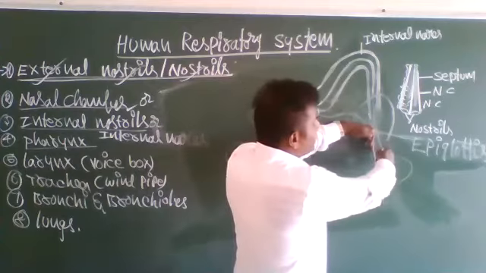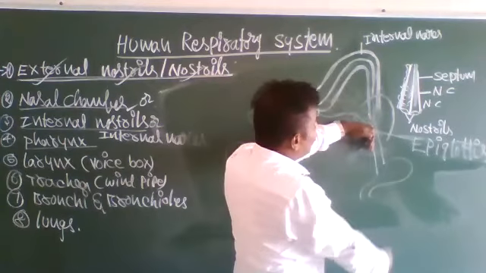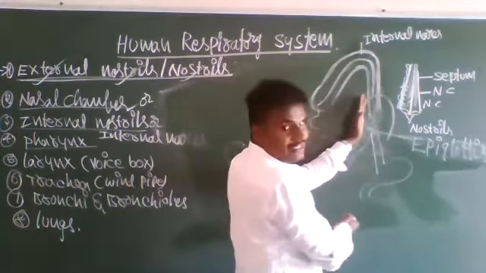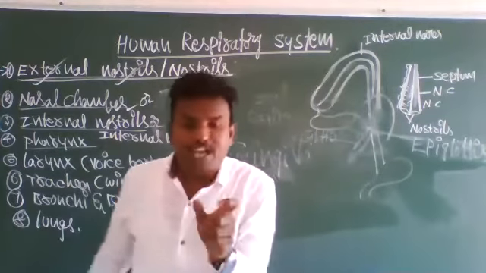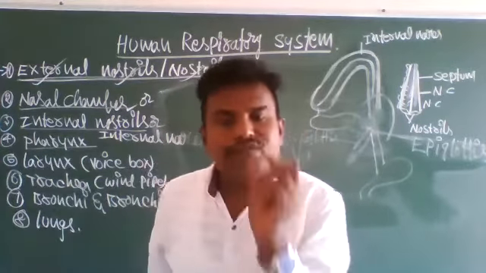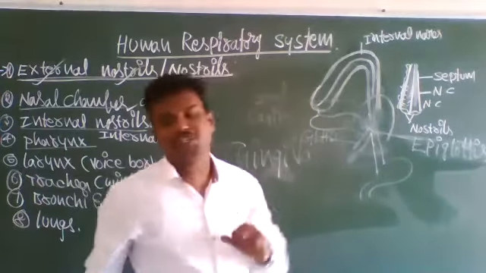When food has passed the epiglottis, oxygen enters the trachea. When food comes again, the epiglottis acts as a lid. It is a continuous process. That's why the pharynx is a muscular chamber, a common passage for food and air. I already said that in digestion.